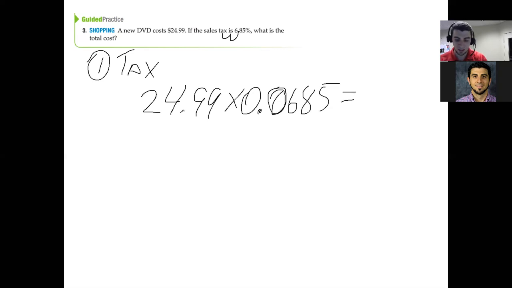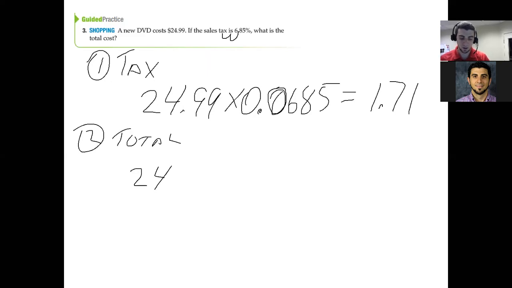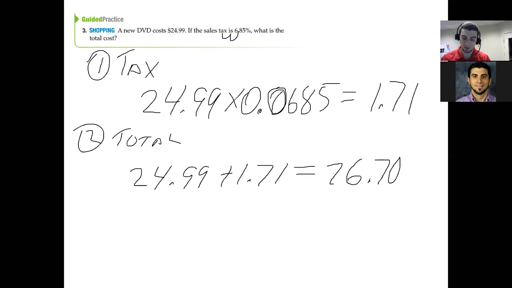You multiply those together and round, you get $1.71. And then the total, you just add that on to the original cost, and it'd be $26.70.